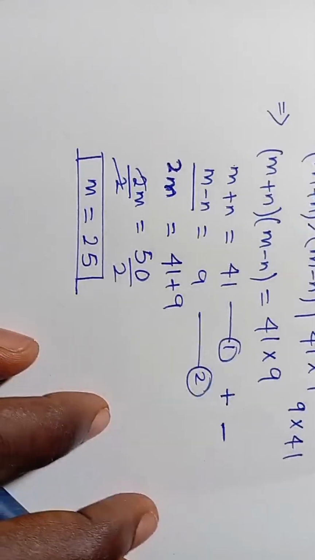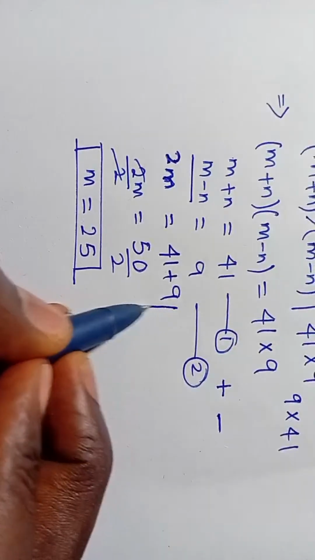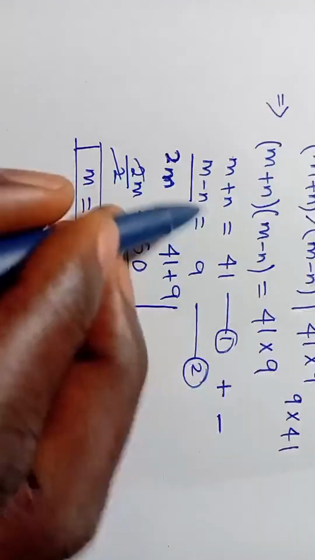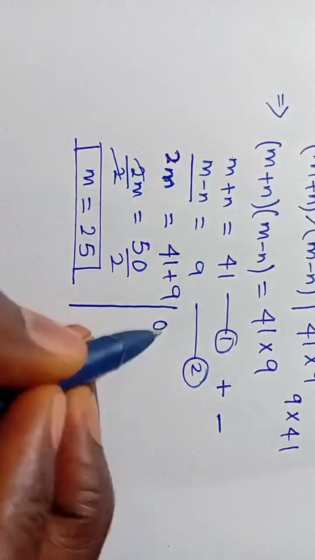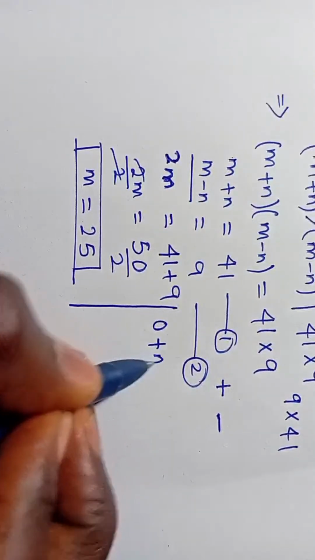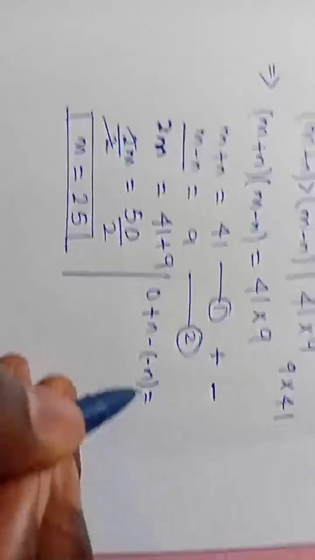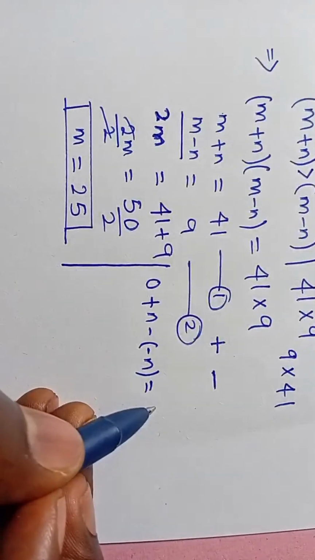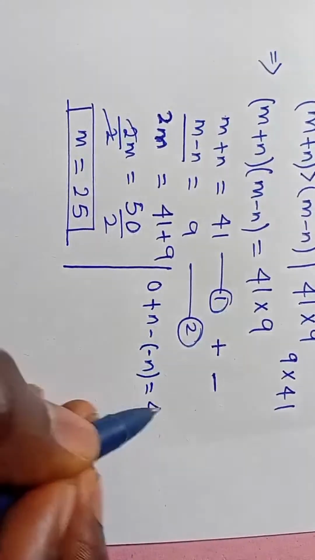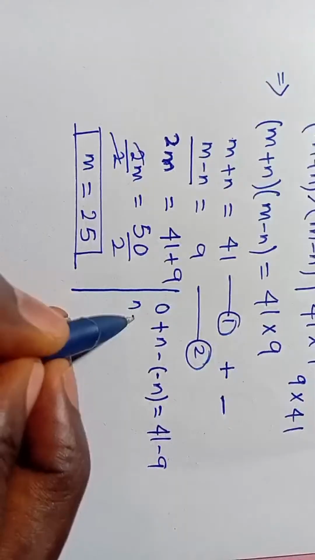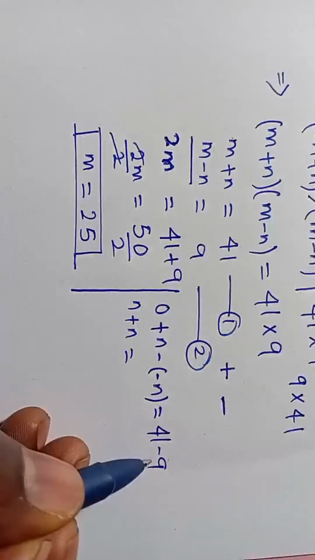Then also from this problem again, let us subtract. So if we subtract equation 2 from equation 1, we are going to have m minus m will cancel. Then we have n minus negative n, which will be equal to 41 minus 9. We have n plus n equals 41 minus 9.